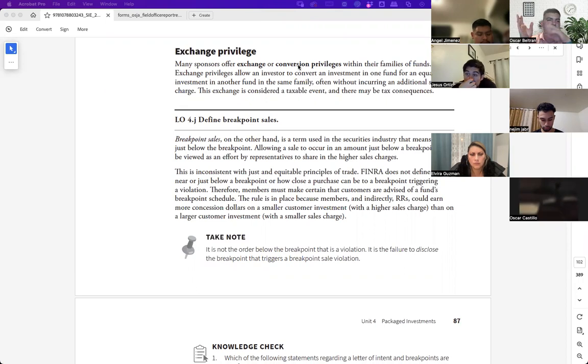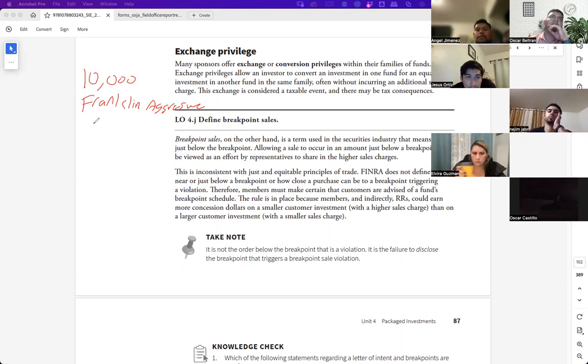So all this means in layman's terms is that if I have 10,000 shares from Franklin, let's say it's an aggressive fund, whatever it is, I can trade this 10 grand, exchange it for different funds in Franklin, and they won't charge me any sales charge.